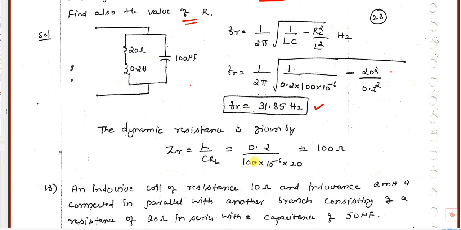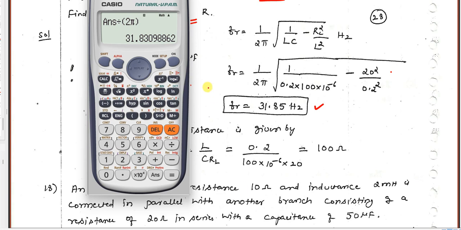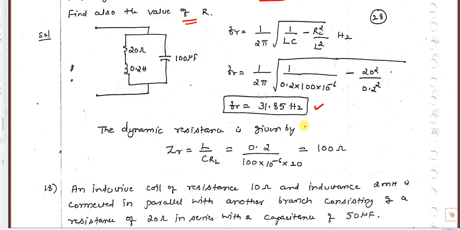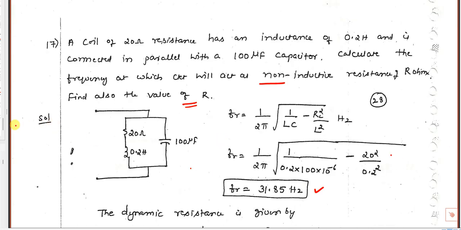So 0.2 divided by 100 micro into 20, you get 100 ohms.